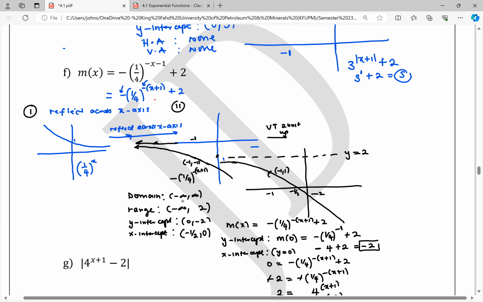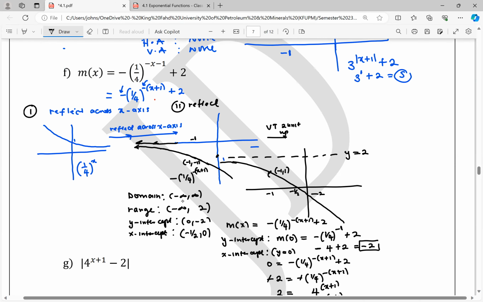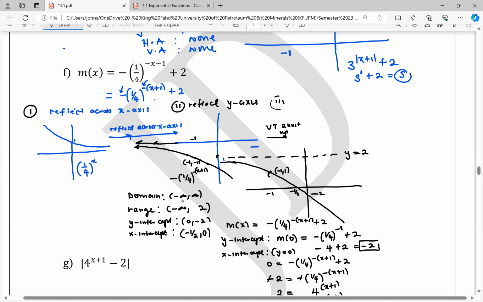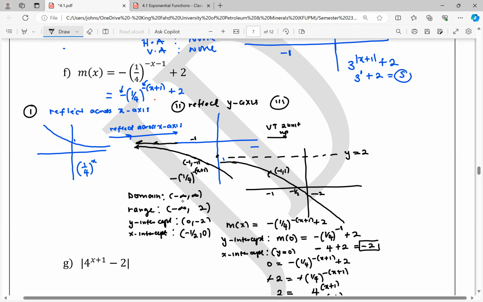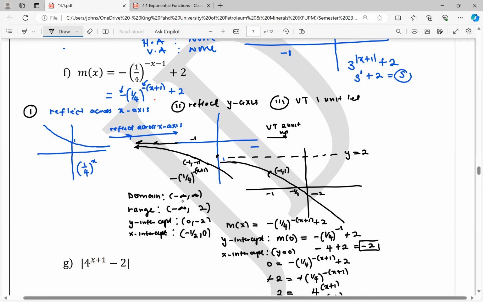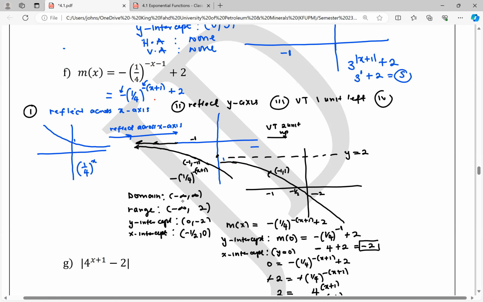Number 2, you reflect across the y-axis. Then thirdly, you do a translation 1 unit left. And finally, no, this is not vertical but horizontal.